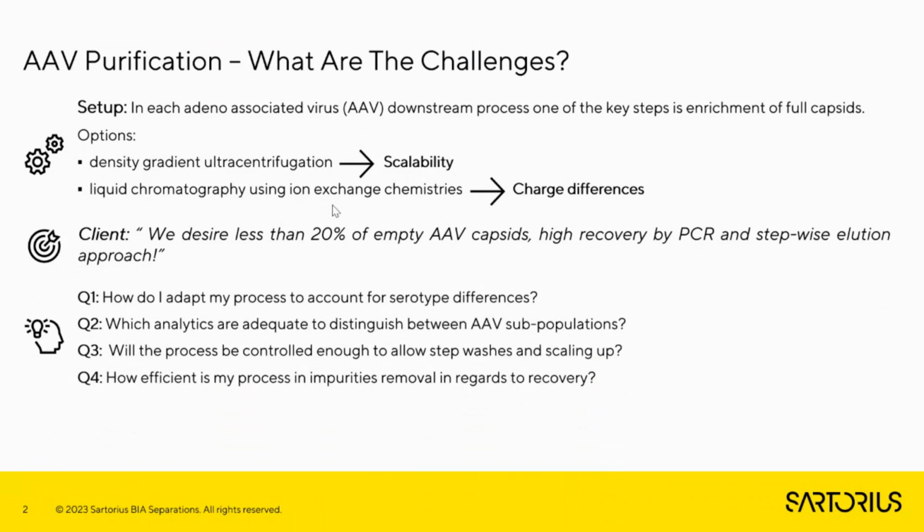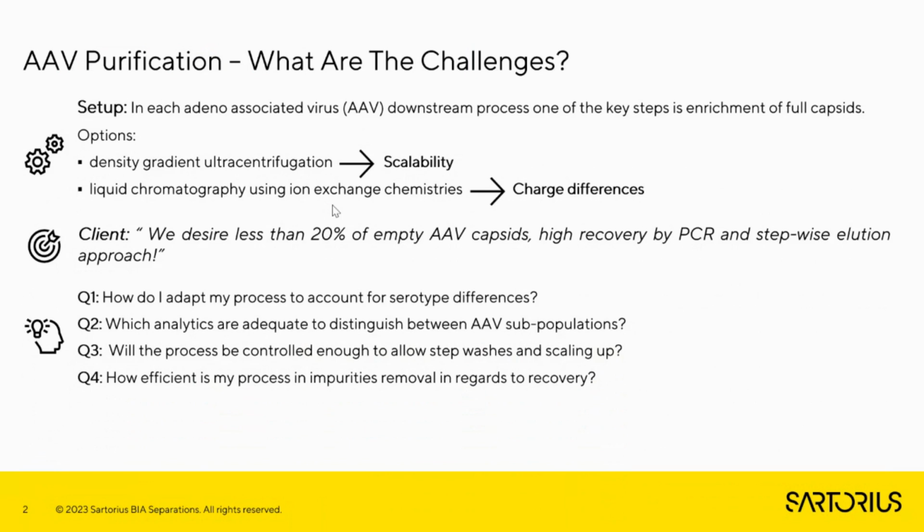This is a reasonable goal, but the questions we should ask ourselves are: how do I adapt my process to account for different serotype differences, and how do I account for those 20% of empty capsids?